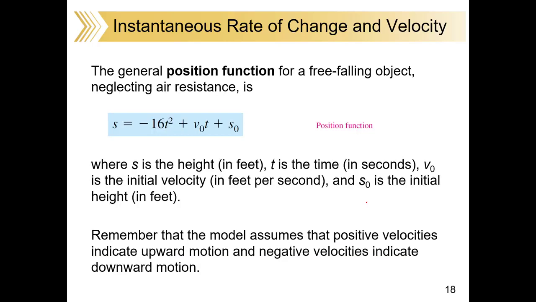The general position function for a free-falling object, ignoring air resistance just to make things simpler, is s equals negative 16t squared plus v sub 0 t plus s sub 0.